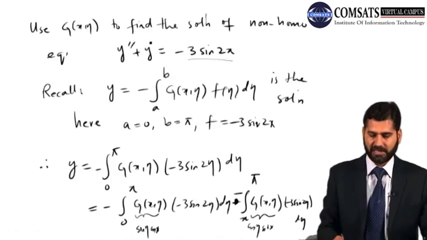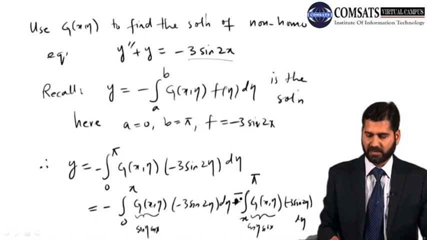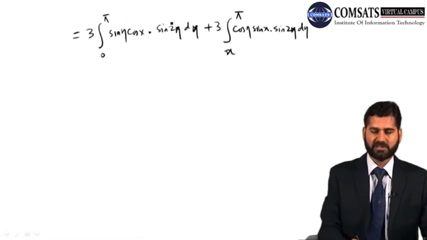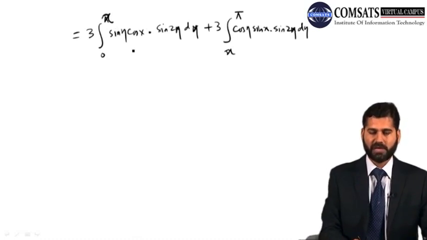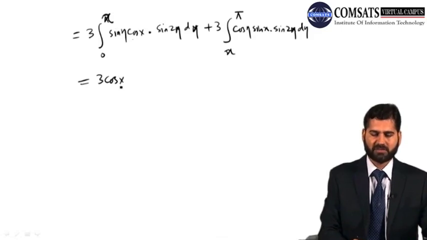We replace the value. Here minus 3 makes it plus 3 outside. So this is cos eta sine x, sine eta cos x. Now we have to integrate. Cosine x is constant because we are integrating with respect to eta, so we can bring cos x outside.